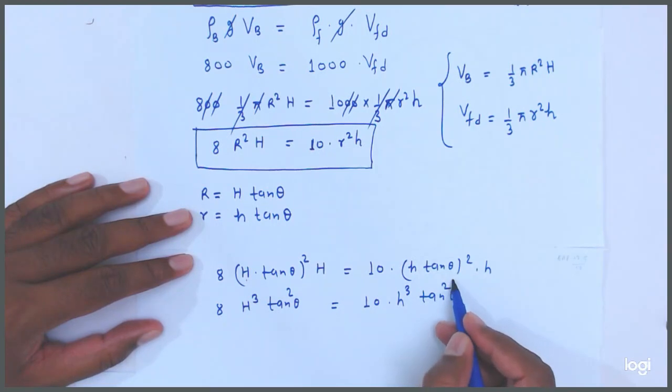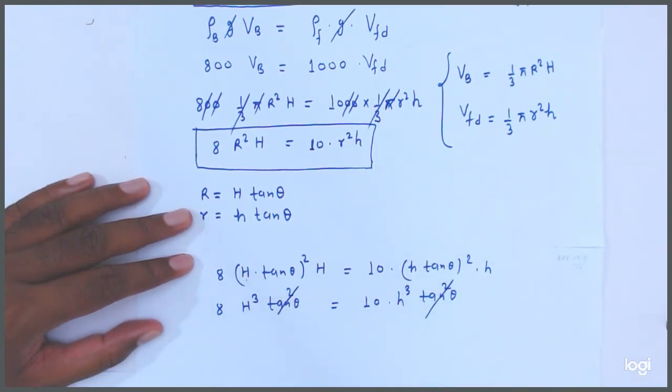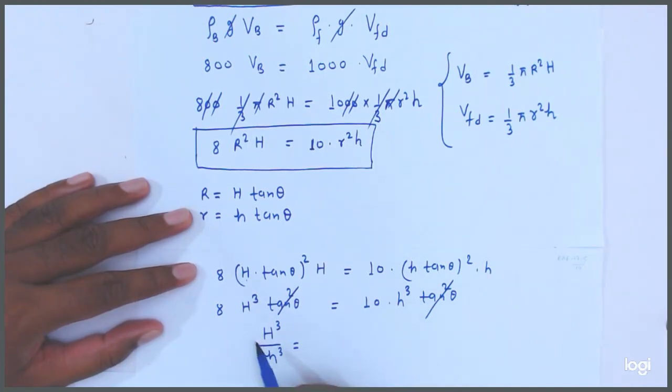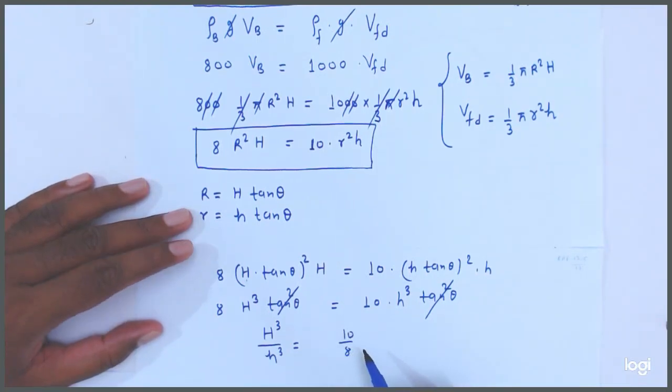So friends, from here this tan theta whole square cancels out. So from here, what is the value that came? Capital H cube divided by small h cube equal to, I am dividing by h cube on this side and 8 will go this side, so 10 by 8 will come.